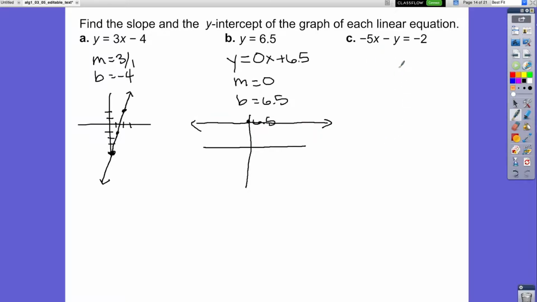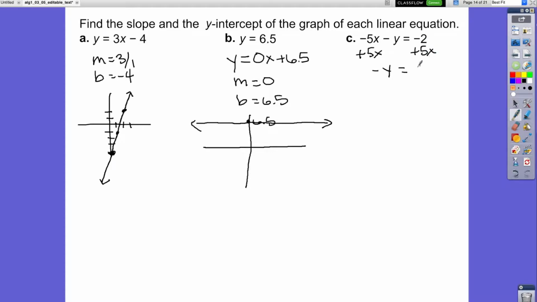This doesn't look familiar to me in y-intercept form. This is in a form that's called standard form. But we're going to move it around so it looks like it's in intercept form. First thing, I'm going to add 5x to both sides. Negative y, don't forget to bring down the negative.